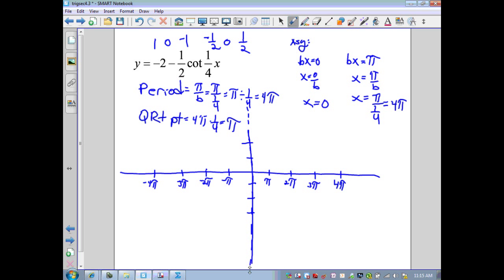So it's 0, and at 4 pi. Then my key points are a negative half, 0, and then a half. And this is going to graph just our original function of negative 1/2 cotangent 1/4 x.